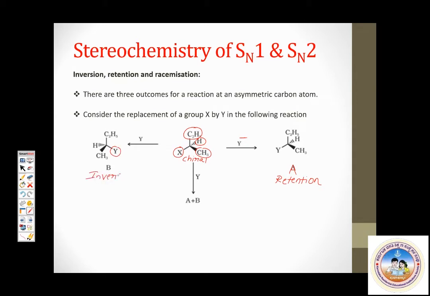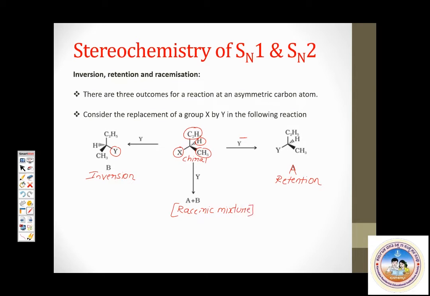Then the third possibility is you can get both inversion and retention, A plus B. This is called a racemic mixture. An equimolar mixture of a pair of inverted and retention compounds is called a racemic mixture.